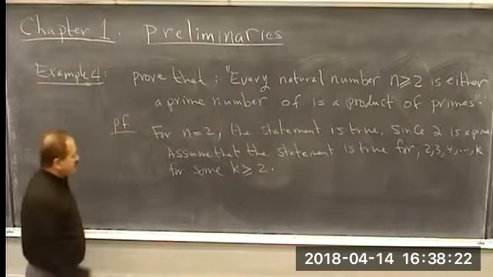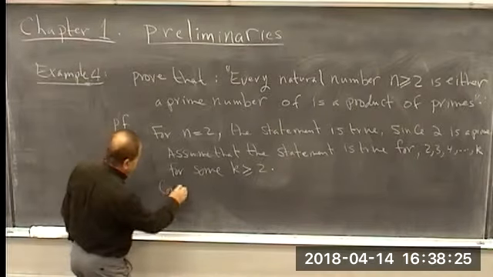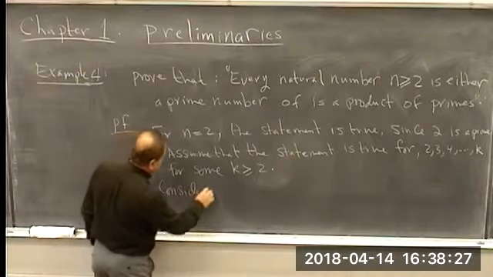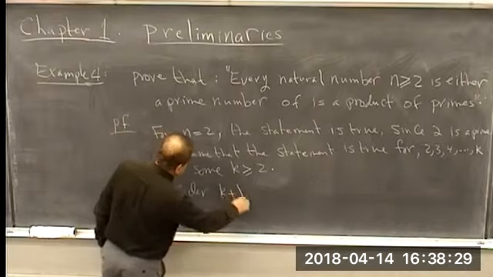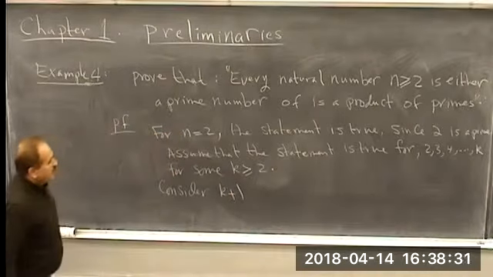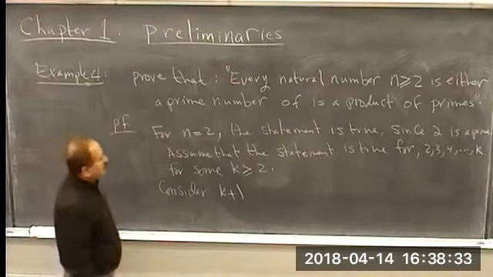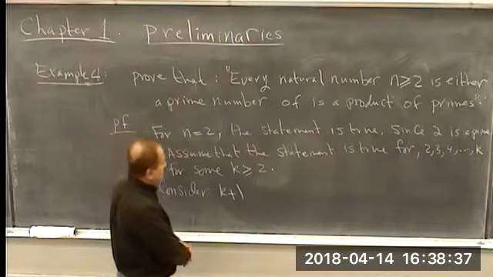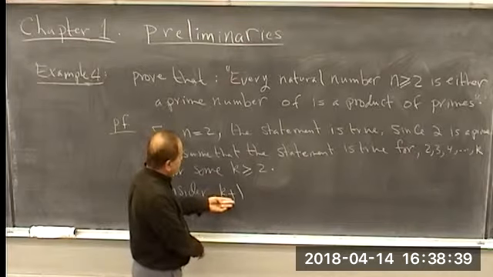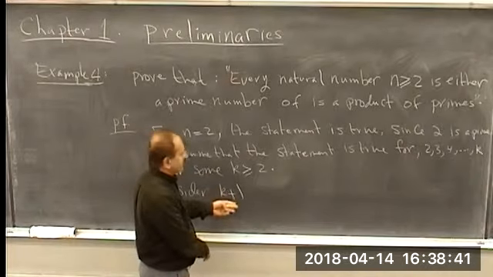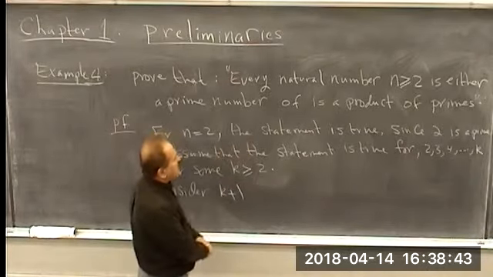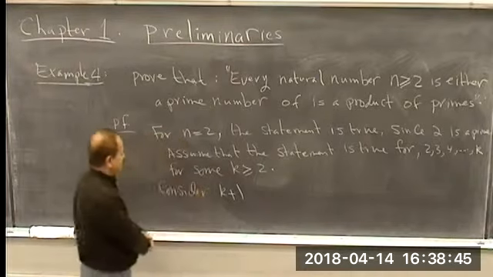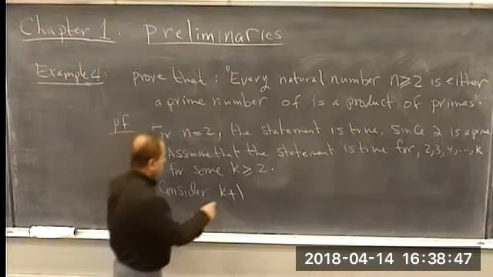Now, next we're going to consider k plus 1. Then, by the definition of a prime and composite, either a number is a prime or is not a prime. Remember that we are not including 1. 1 is by itself, actually. Consider this.